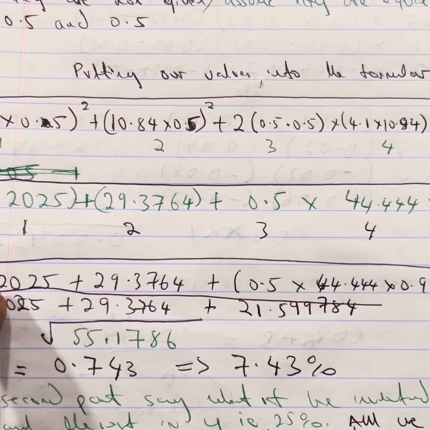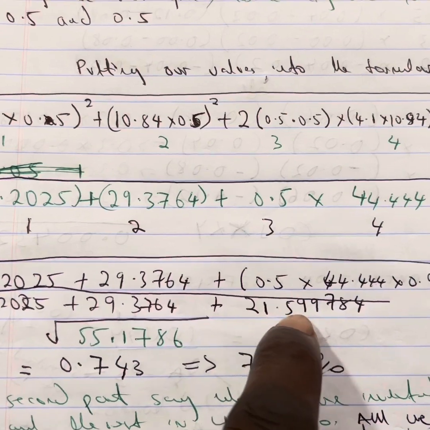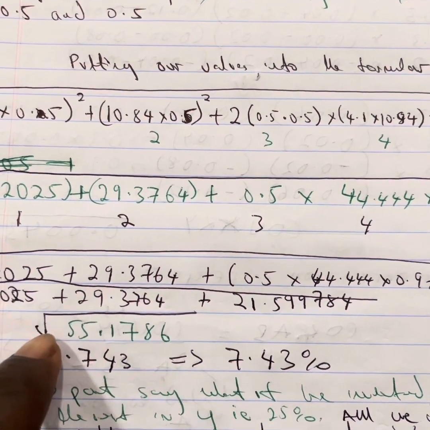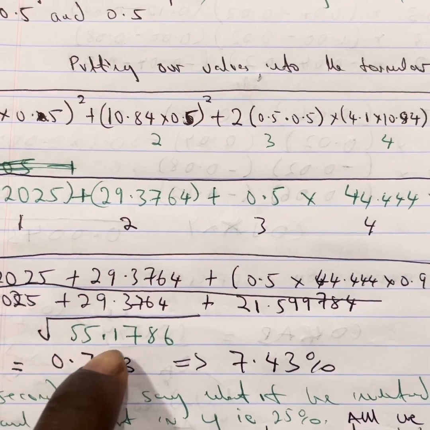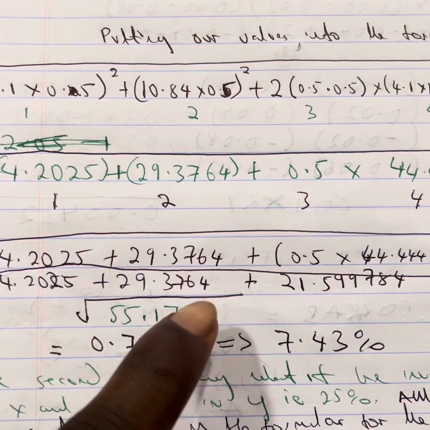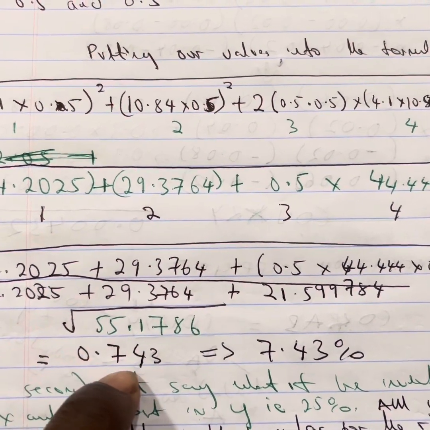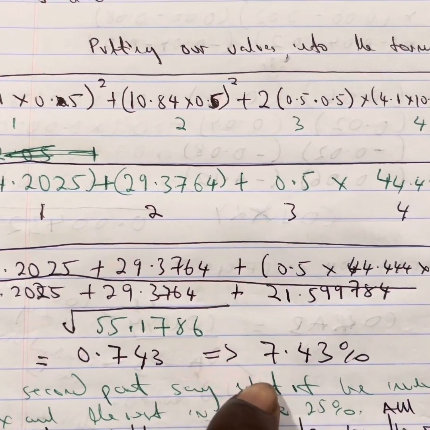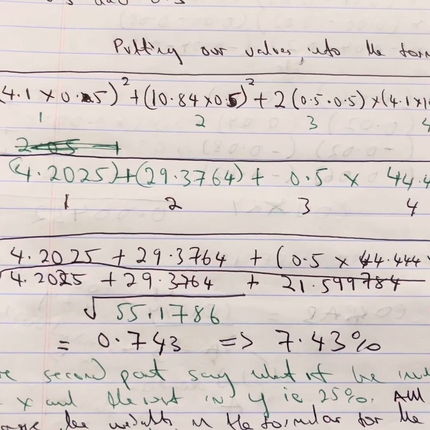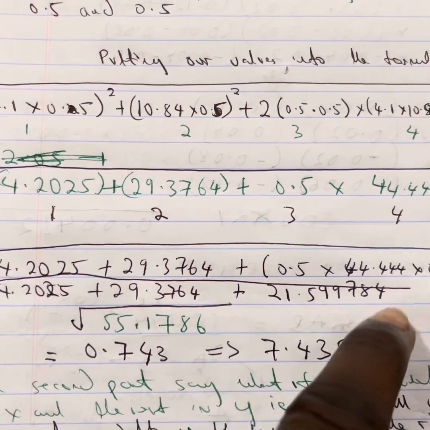So after getting this 21.599784, you add, and you're supposed to get 55.1786. When you take the square root of that, you get 0.0743, which is equal to 7.43%. So that 7.43% becomes the risk of the portfolio.